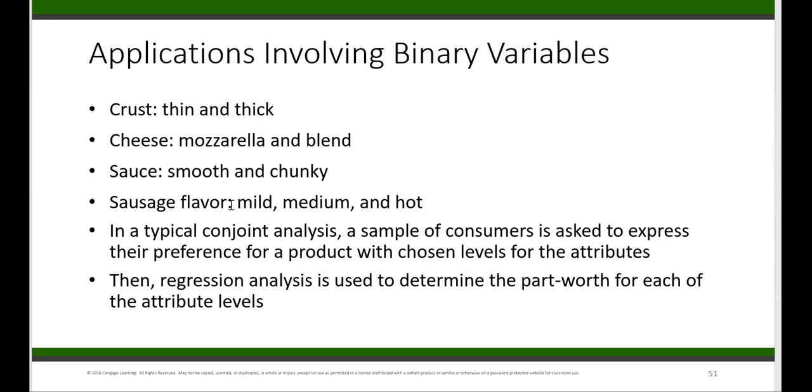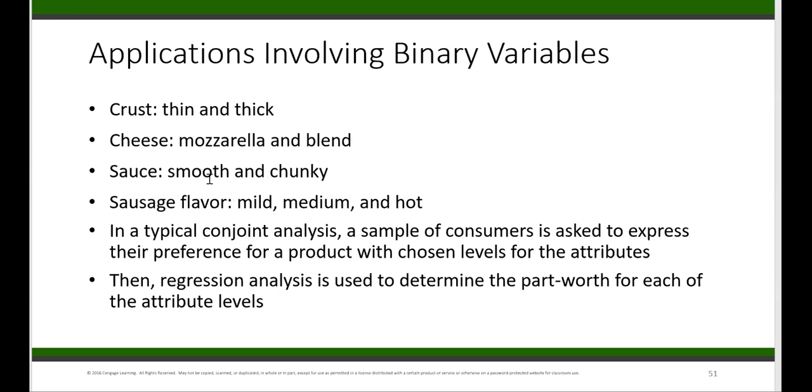If you want to do conjoint analysis, we're not going to actually do it, but each person is going to report their score, the utility that they get on each one of these 24 different types of pizza. And then through conjoint analysis, through linear regression, we're going to get the part worth of each person on each level.